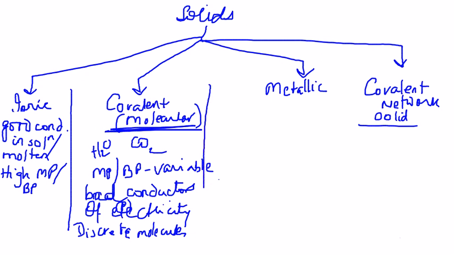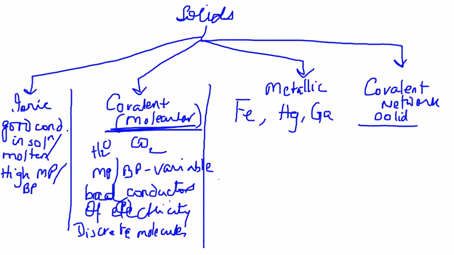Now, when you think about metallic solids, those would be present in metals. So if you think about iron, but also realize mercury, which is a liquid, is also a metal, and so is gallium, which melts on your palm, because the melting point is like 29 degrees Celsius.